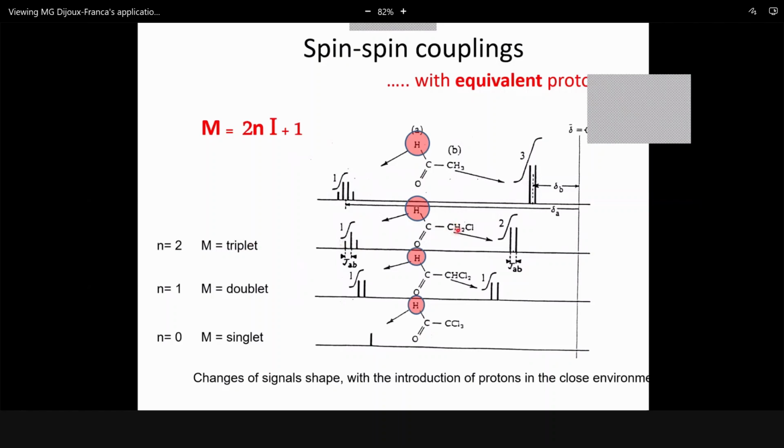As they are equivalent, they have the same frequency of resonance, but the surface under the peak is twice bigger than the first one. So I have an integration corresponding to 2 protons. And as this group of protons is coupling with only one proton, for them n equals 1, so they have a signal as a doublet.